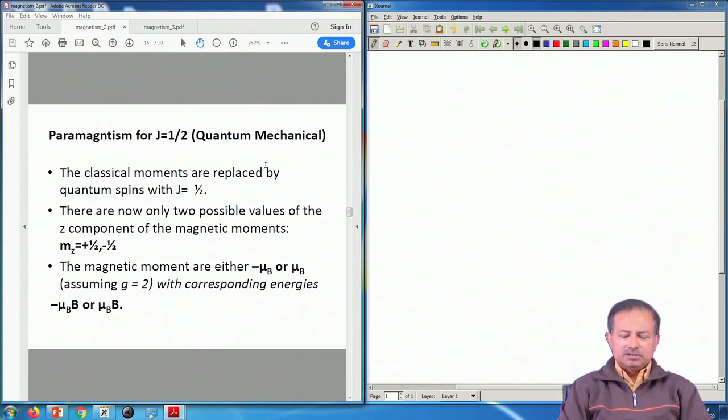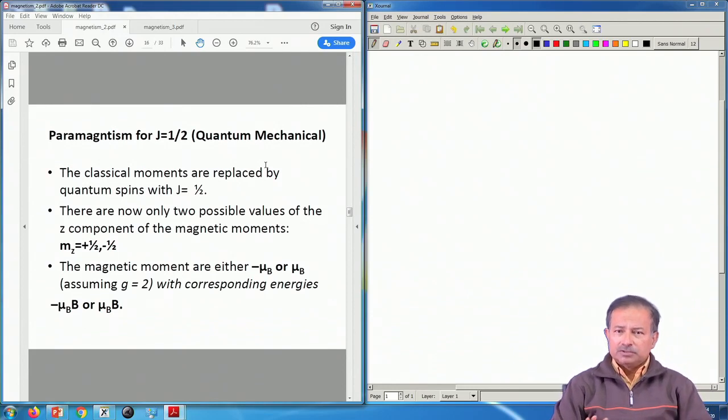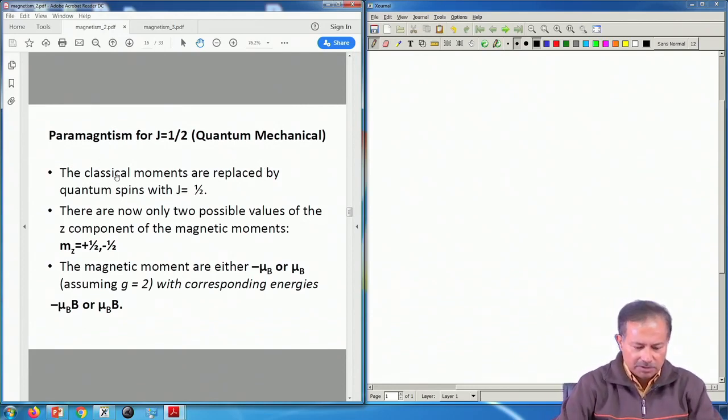So, you calculate the partition function for individual moments and multiply n times. That gives you the partition function of n moments. They are not interacting with each other at this stage. So, this is the scheme of things that we are following.